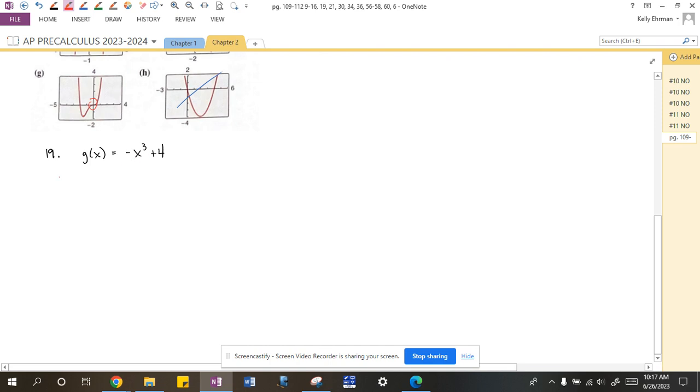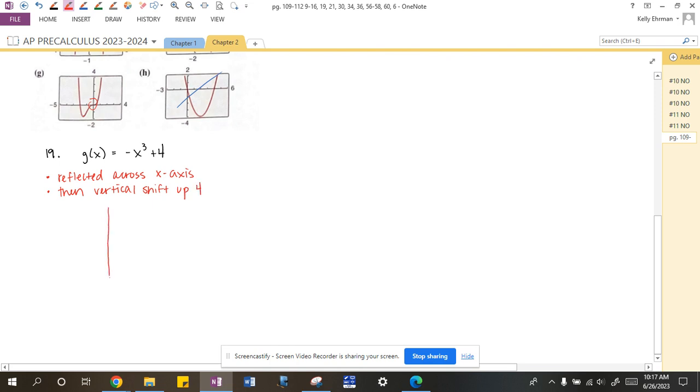So this graph has been reflected across the x-axis because the negative is out in front. And I've seen some of our AP questions that give you the order in which the transformations are happening. So this graph has been reflected first, and then it has a vertical shift up 4.